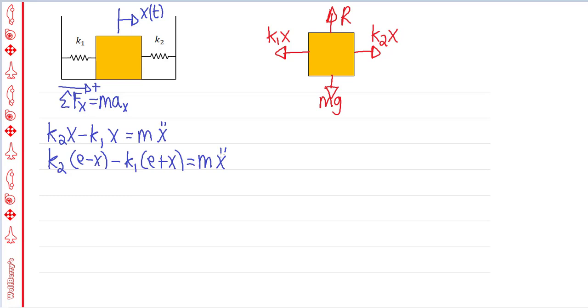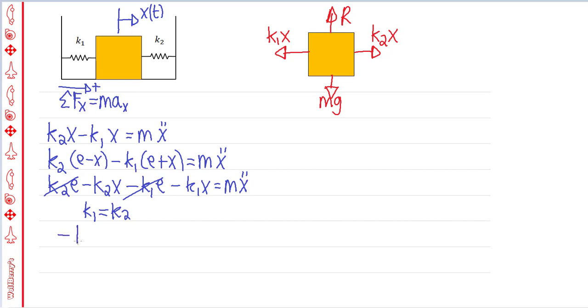Let's go ahead and expand the bracket. So we get k2e minus k2x minus k1e minus k1x equals mx double dot. Now, let's assume that k1 in this example is equal to k2. If k1 is equal to k2, then we can clearly see this will cancel with this because it'll be ke minus ke, which is 0.